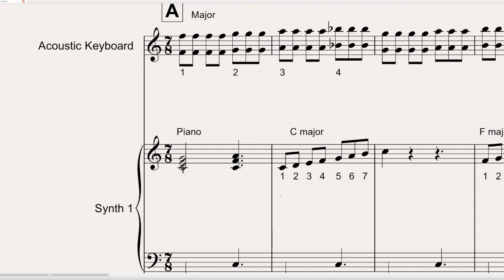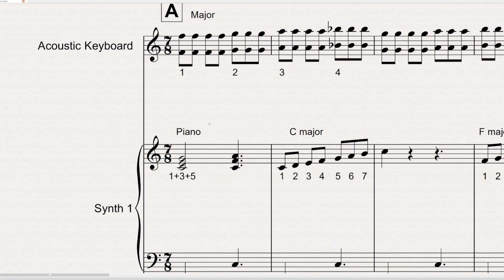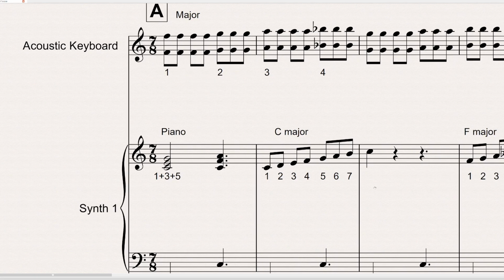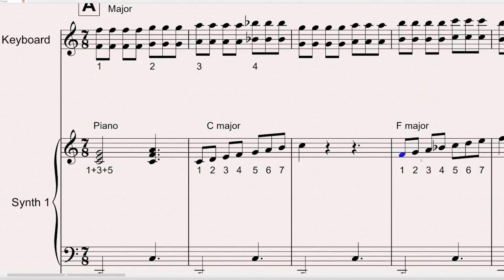So the way we'd label this is 1, 3, 5. Now let's figure out what 1, 3, and 5 are in F major. 1 is F, 3 is A, 5 is C. So that means these three notes are going to become F, A, C.